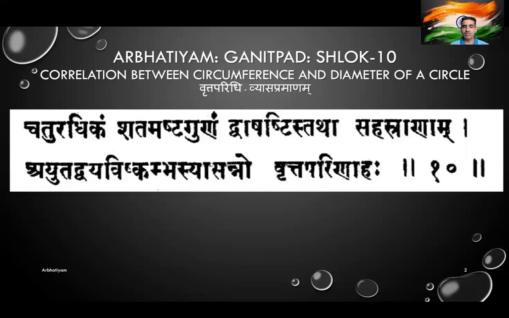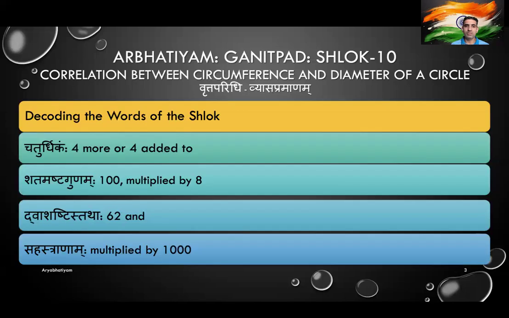Quite complicated. Let us delve into each of the words. Before understanding the meaning and calculations, we need to understand each word, and in Sanskrit, we need to break the words, which is called Sandhi Vichhed.